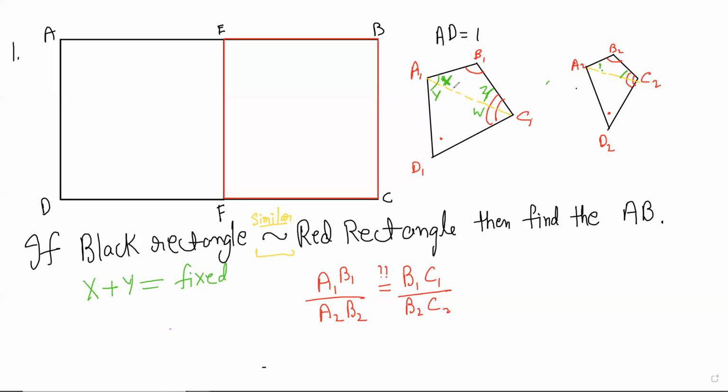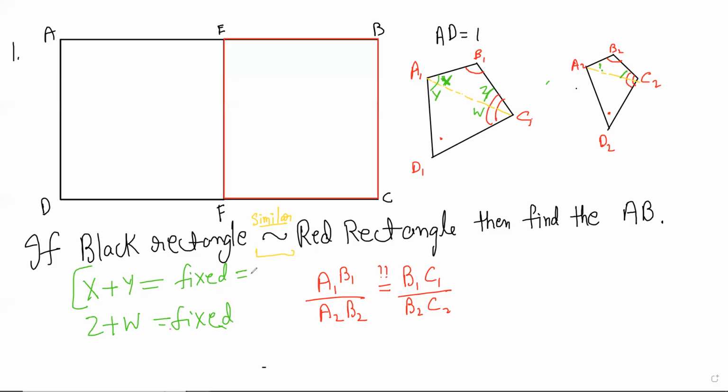This full thing is given to be fixed because that is equal for both. And then z and w is also given to be fixed. But that does not tell you that x and y are known. Does it?